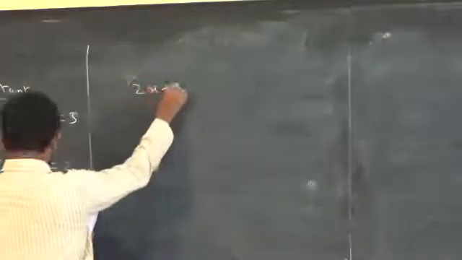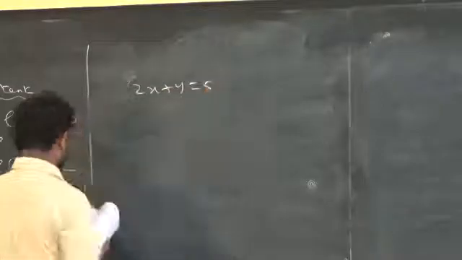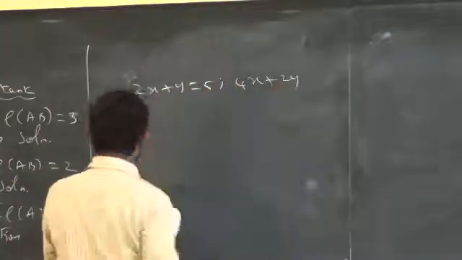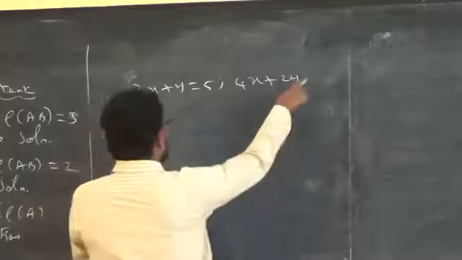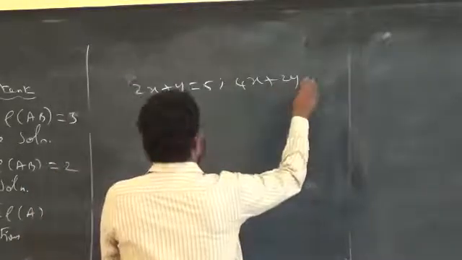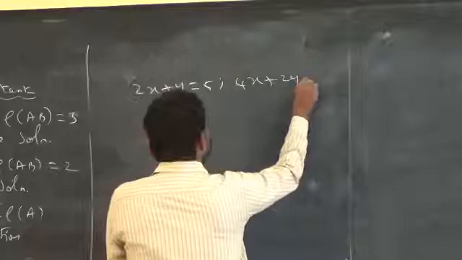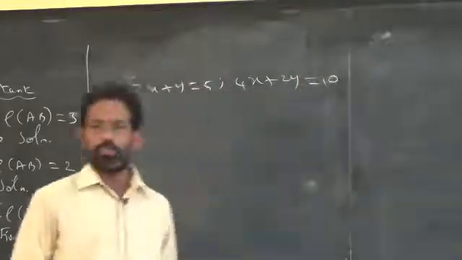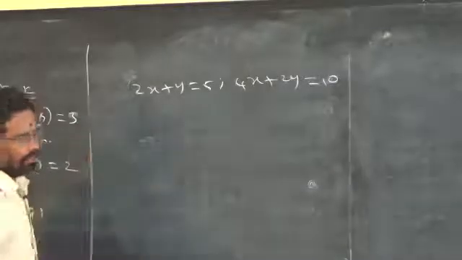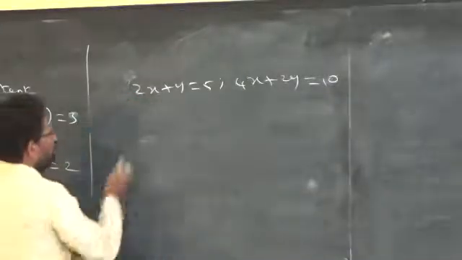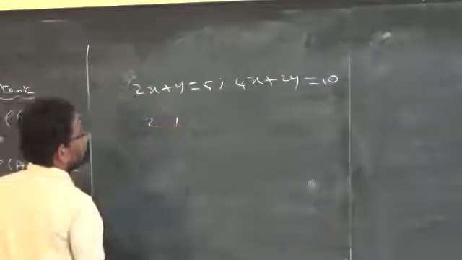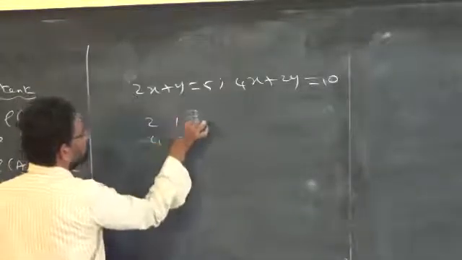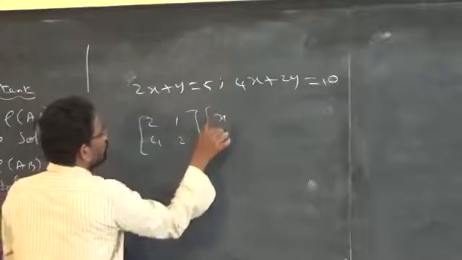Two x plus y is equal to 5. Four x plus 2y is equal to 10. As usual, rewrite the given equations in matrix format: 2, 1, 4, 2, times the variables x, y, equal to the constants 5, 10.